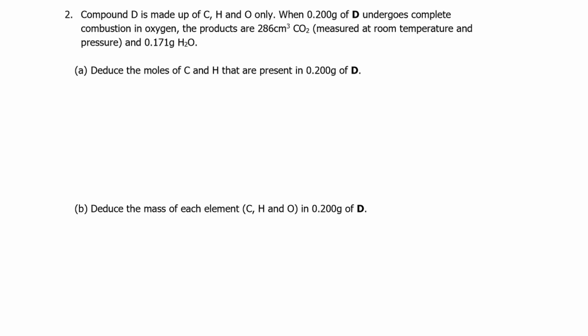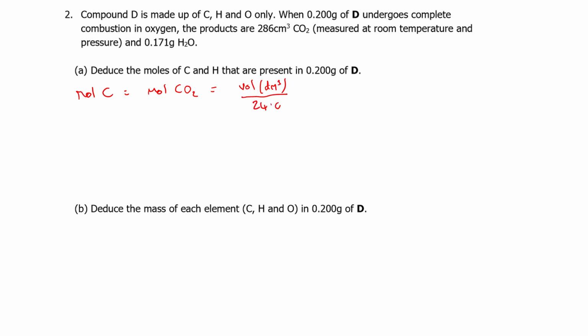So let's just do that and say that moles of carbon is equal to the moles of CO2. And we can easily work that out because we're given the volume of CO2 produced measured at room temperature and pressure. And we know that that's easily turned into moles because that's just equal to the volume in dm cubed divided by 24.0.